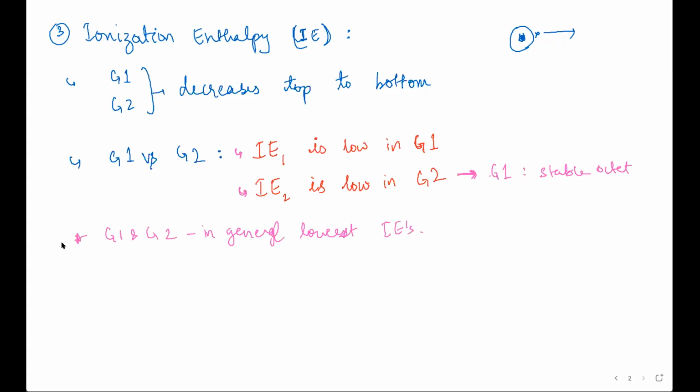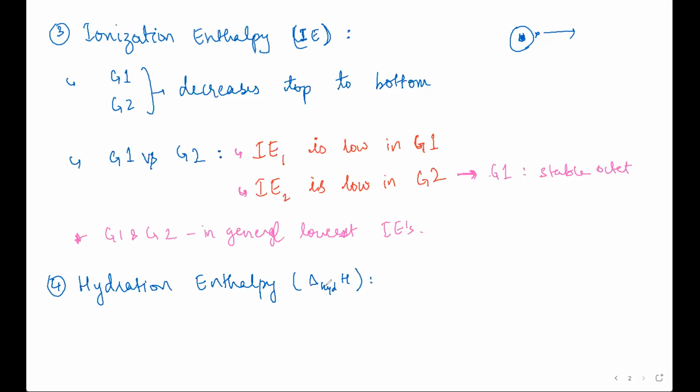Then comes hydration enthalpy. This is something new. This is something we have not discussed before, but you must have come across this when doing thermodynamics. Now, what do you mean by hydration enthalpy? No, there's no reaction involved with water.